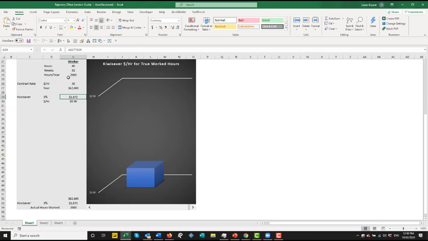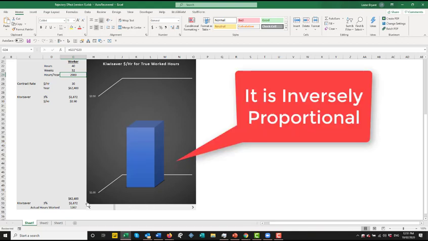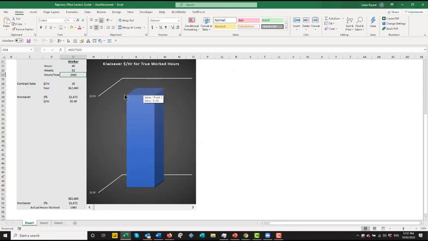So if John doesn't work the full 2,080 hours because he has his holidays and whatever, and stat holidays, then as the time goes down, see the dollars goes up. So that means the contribution per hour for that entitlement goes up the less and less time that John works, to the point where if he worked half a year for whatever reason, could be long service leave, then what we end up with is his effective KiwiSaver hourly rate is double per effective hour he's actually at work.